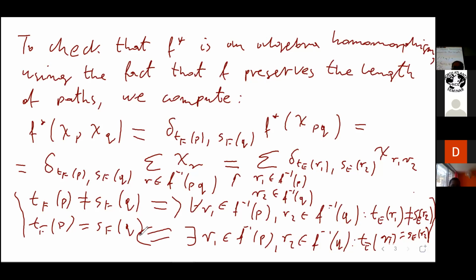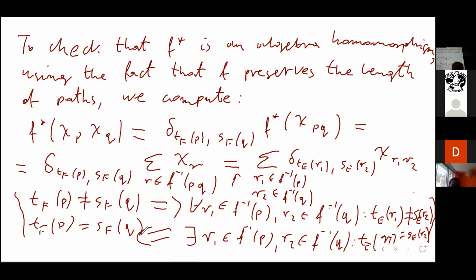So if F of R1 is P and F of R2 is Q, and the end of R1 agrees with the beginning of R2, then necessarily the end of P must agree with the beginning of Q. This is just the property of F being induced by the graph homomorphism. So because the bottom implication is true, also the top implication is true.